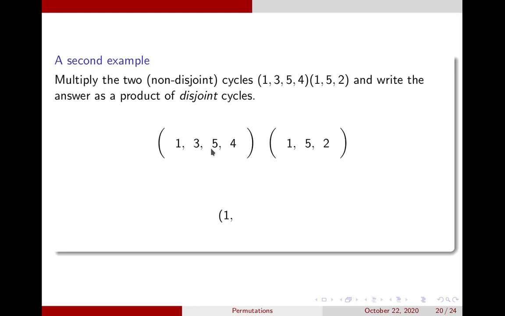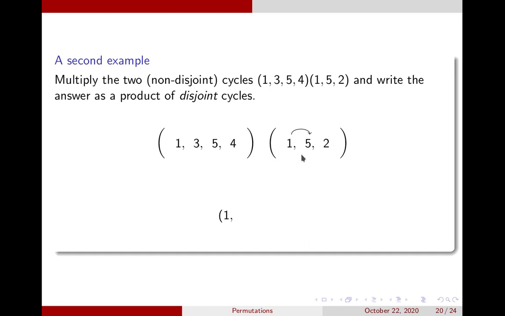Okay, so here are the two cycles that we're going to multiply. I'm going to start the first cycle in that product with 1. This is the usual procedure. And now we start with the rightmost cycle.